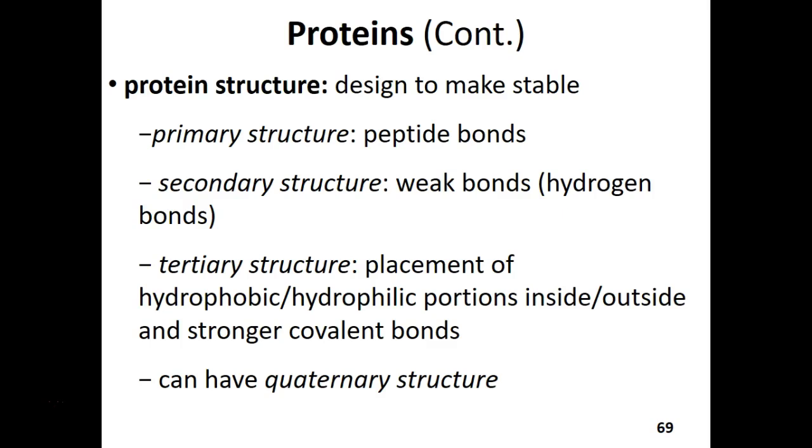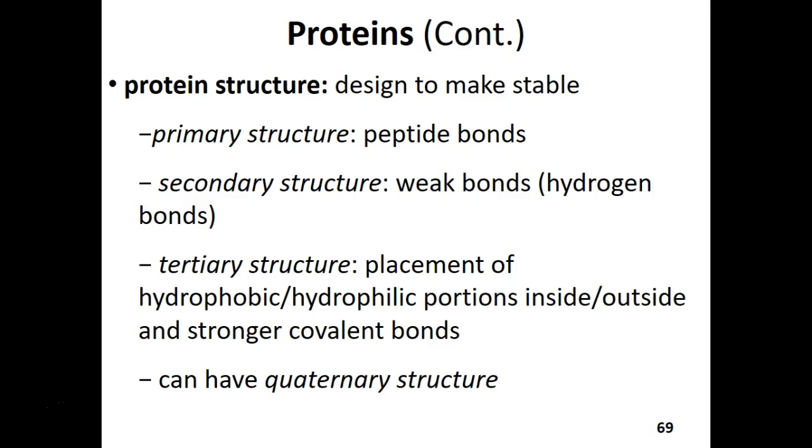And so you're going to have this folding of the protein. That's known as the secondary structure. You can form either a beta pleated sheet or an alpha helix as the secondary structure. The tertiary structure is actually the structure of the protein.